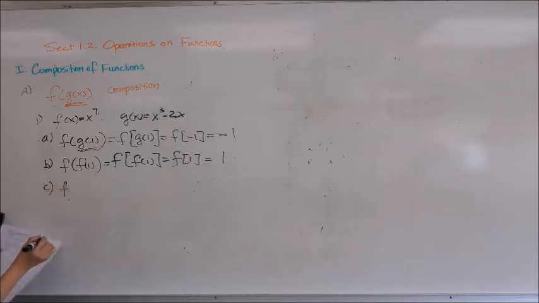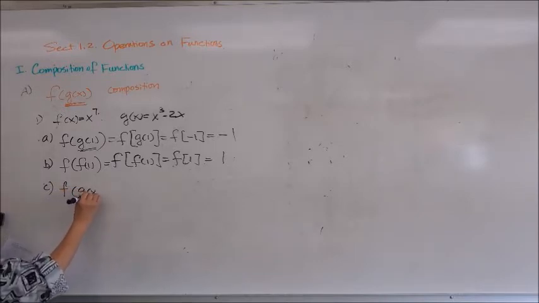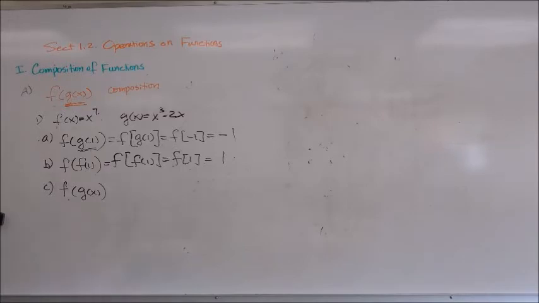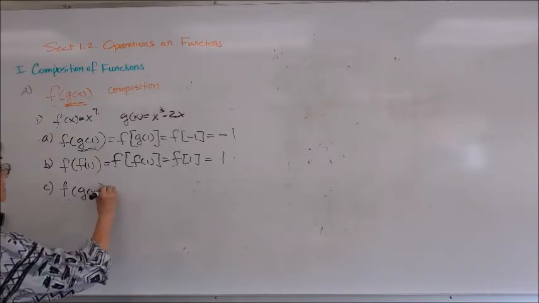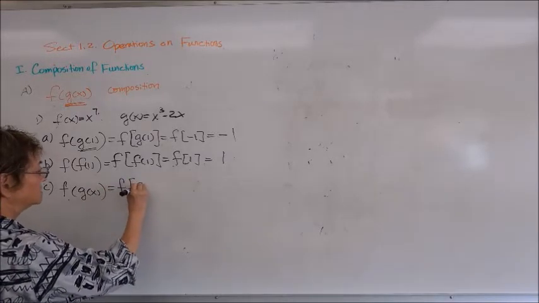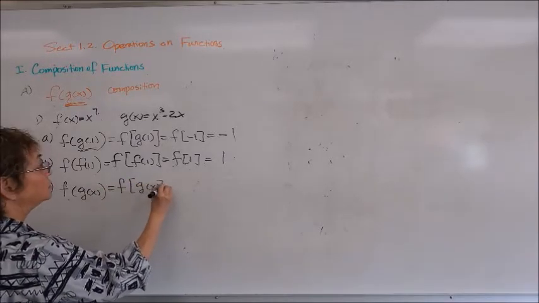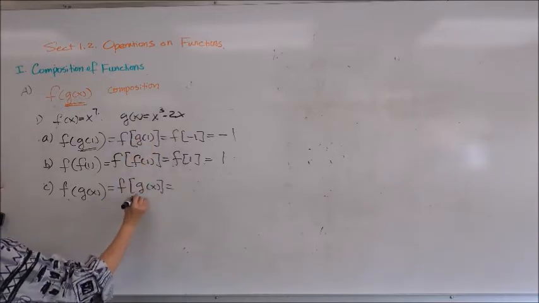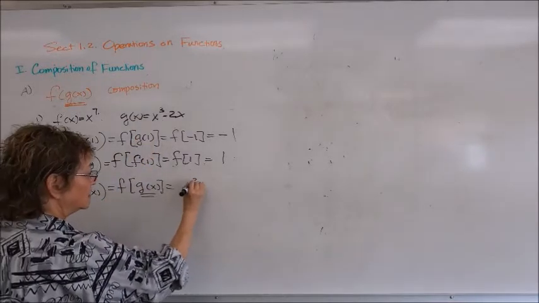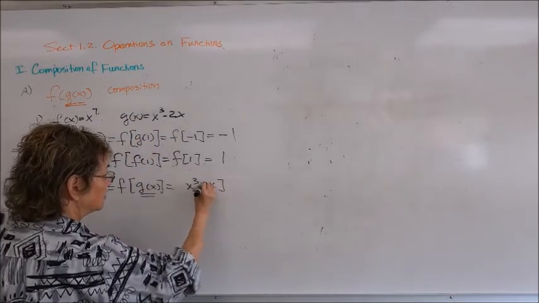If instead of a number, we want to compose these two functions with x, it means this way. You plug in this for g of x, which is x cubed minus 2x.